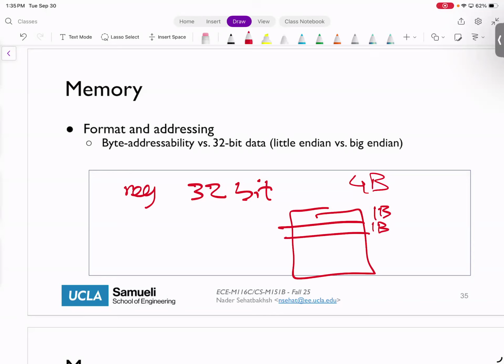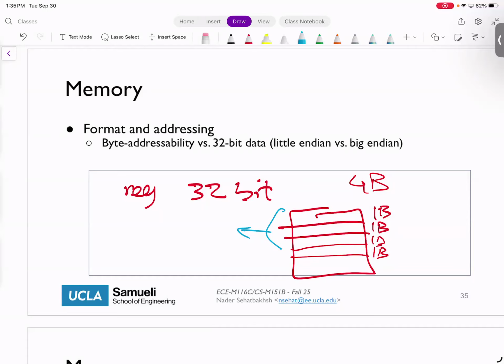Okay? So if I want to read something that is 32 bits, basically what happens is that the process of loading is in fact 4 one-byte loads. So if I want to load one word, which is 32 bits, I basically issue 4 smaller loads inside the memory.